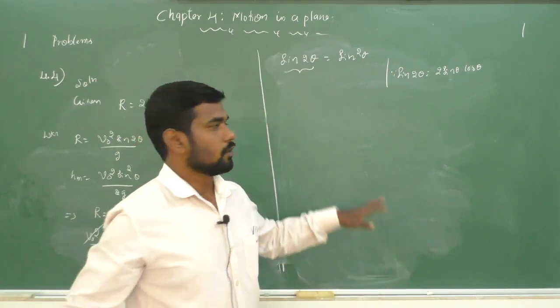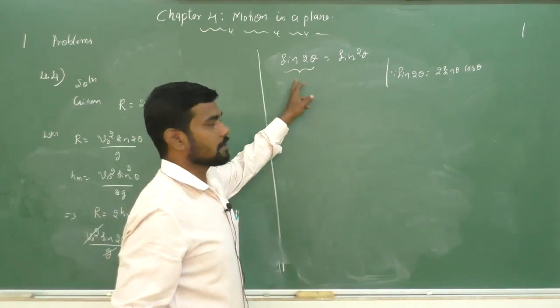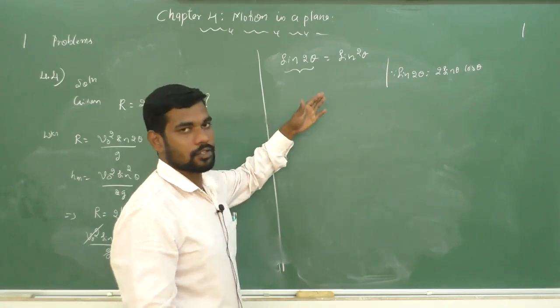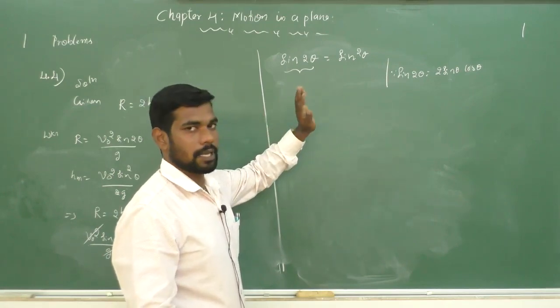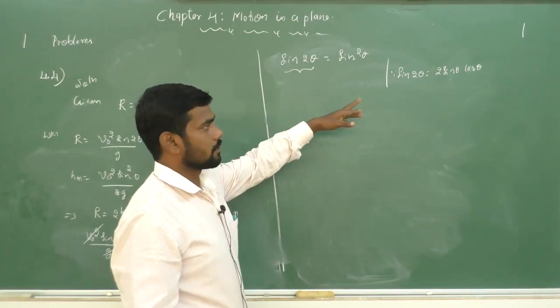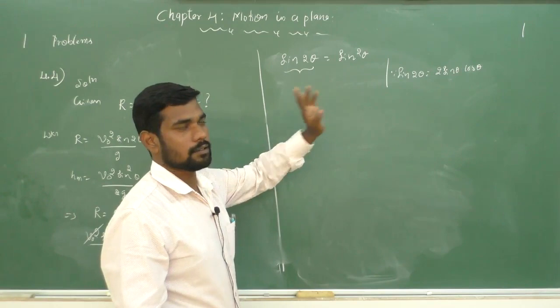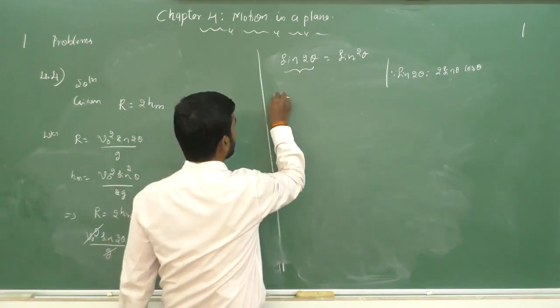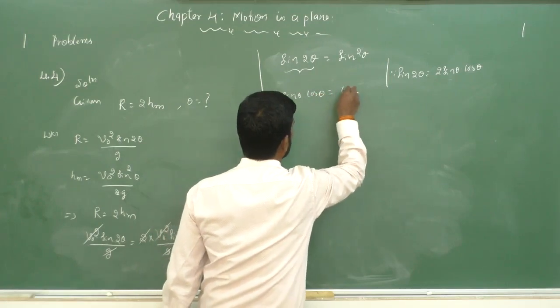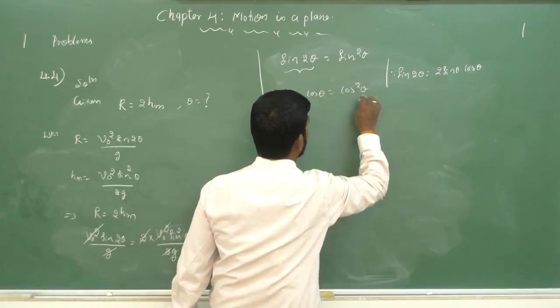That equation we are using here. So many equations, you should memorize them during your math session; the mathematics teacher will explain this to you. So substitute here: 2 sine theta cos theta is equal to sine square theta.